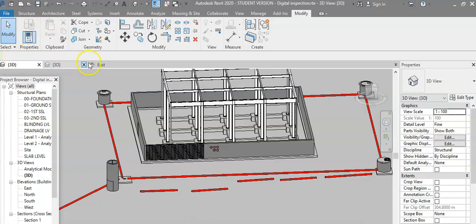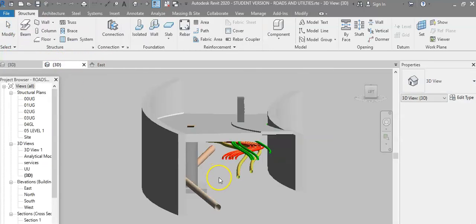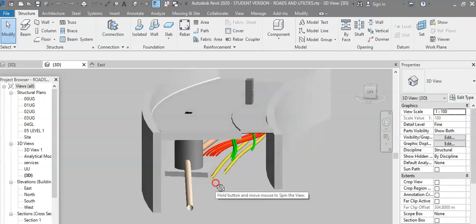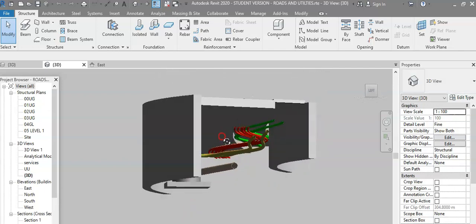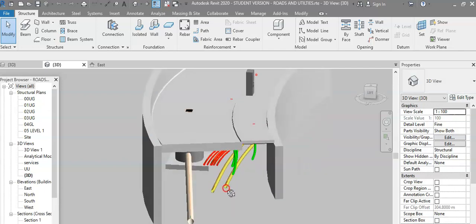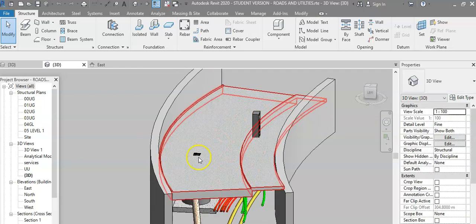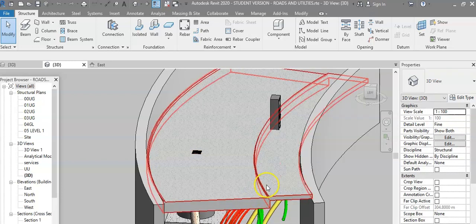Above all, we've seen all these cables and services under the roads, where all the hard work is being done right underneath here, but everyday people passing by don't see all these infrastructure services.